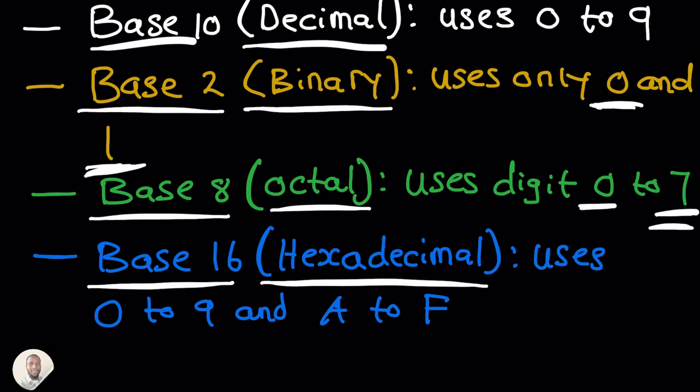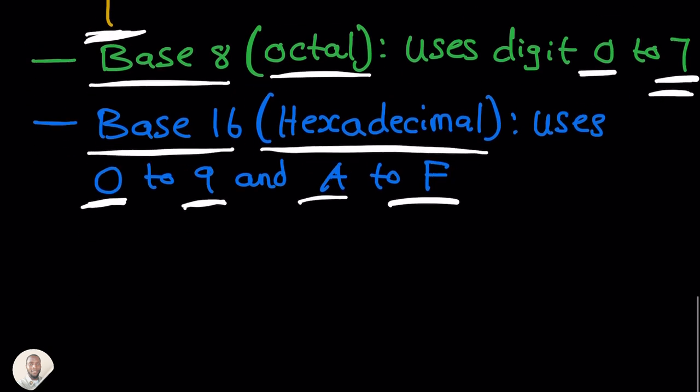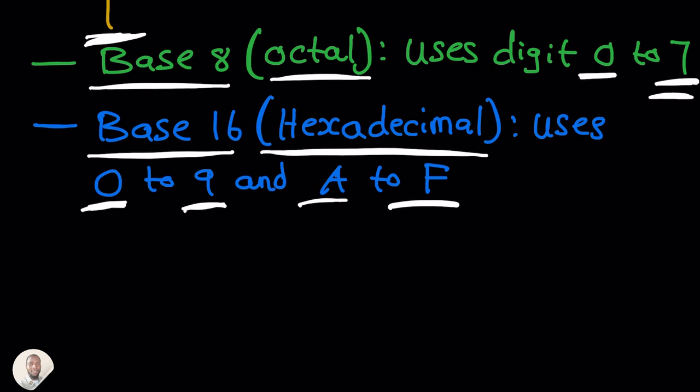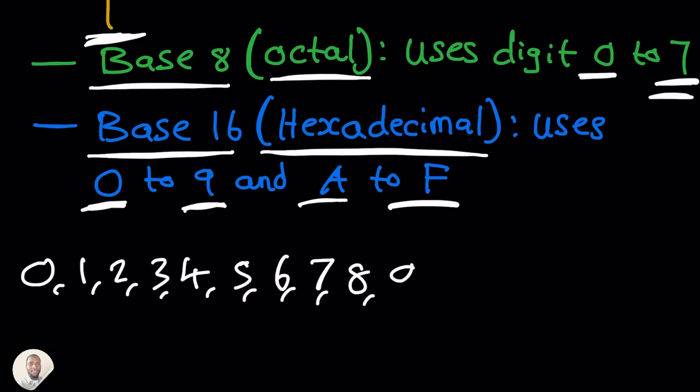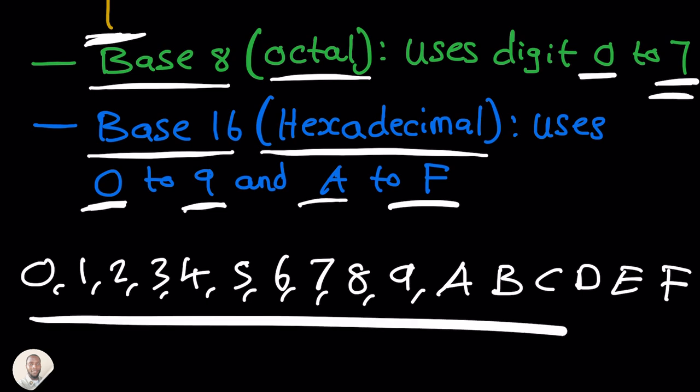Base 16 uses 0 to 9, and added to it are the letters A to F. So this is how counting in base 16 looks like: 0, 1, 2, 3, 4, 5, 6, 7, 8, 9, A, B, C, D, E, and F. So this is how your base 16 is. When you are counting in base 16, this is the format.